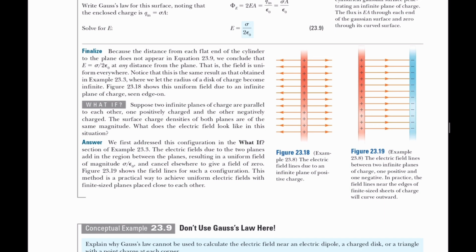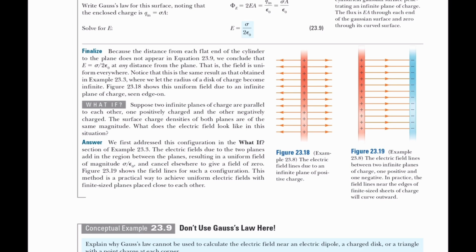And here, they actually ask you a what if. Suppose 2 infinite planes of charge are parallel to each other, one positively charged and the other negatively charged. The surface charge densities of both plates are the same magnitude. What does the electric field look like in this situation?